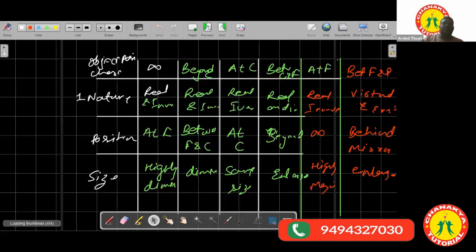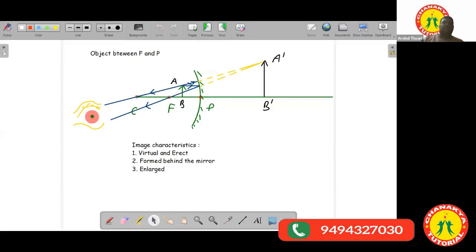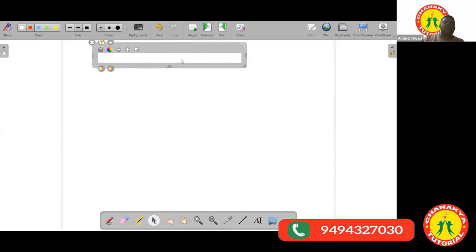Okay, so just a little discussion about these concave mirrors. First of all, they can converge the light rays.